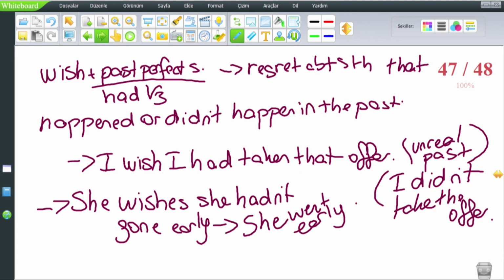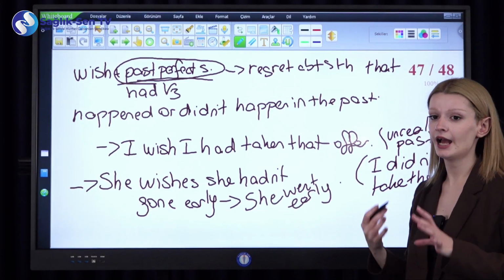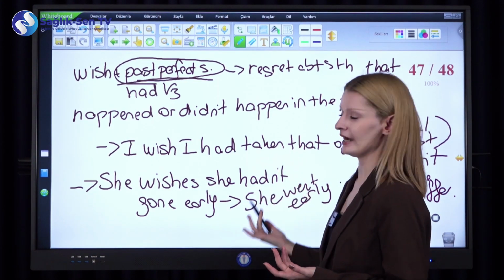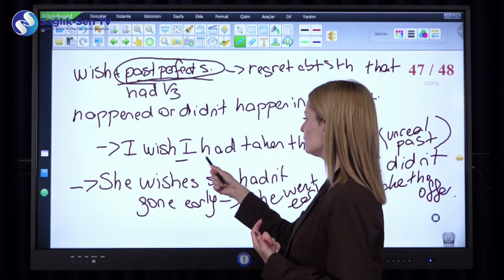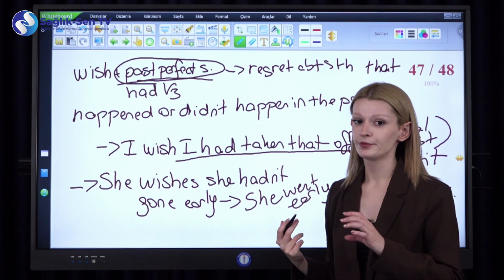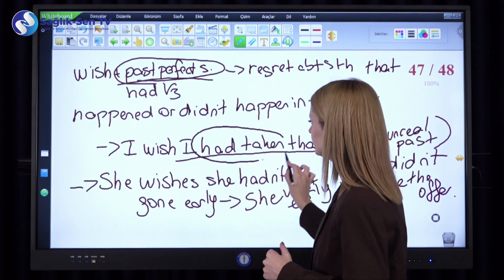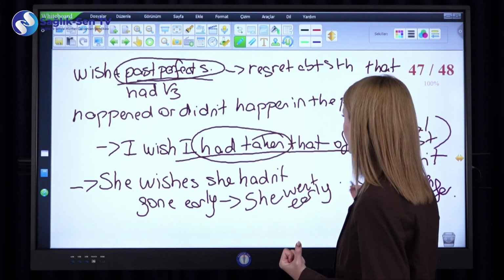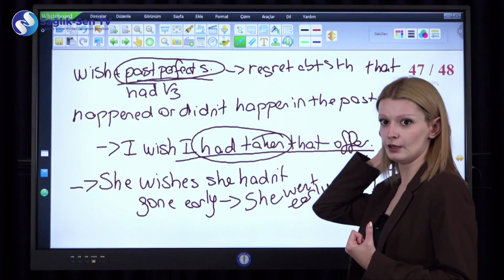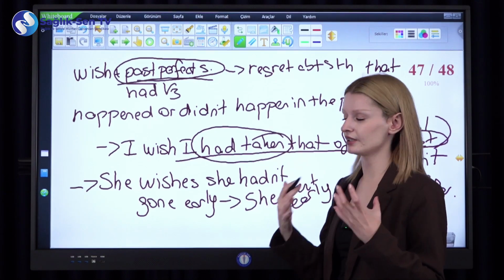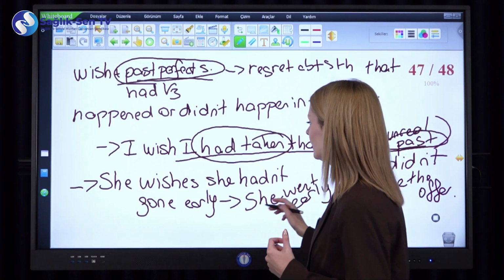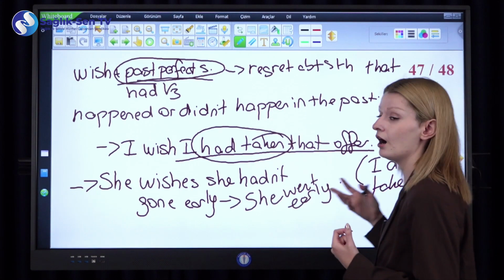And when we're talking about past wishes, we use past perfect simple after wish or if only. And it means that we regret something that happened or did not happen. I wish I had taken that offer. We can understand from the past perfect simple tense that it is a regret about the past. We wish that we did something differently, but I didn't take the offer.